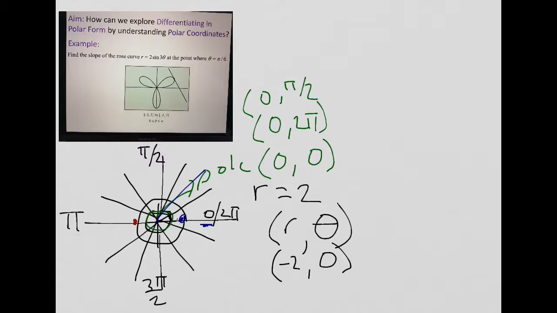So we have pi over 4, 3 pi over 4, 5 pi over 4, 7 pi over 4. You could also know these as negative angles, like this is negative pi over 4. That could be helpful when you have to write integrals, to know them both.